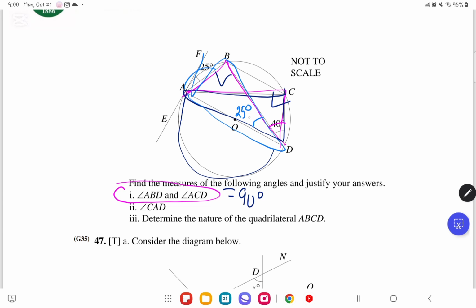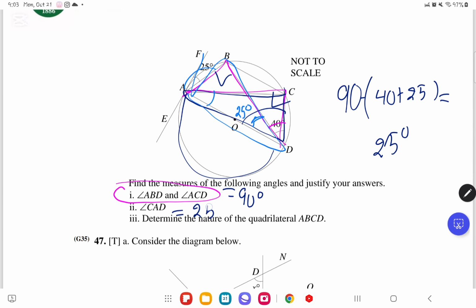Very simply, we can find the angle CAD. It's gonna be 90 minus this angle over here, which is 40 plus 25. So if we do this, it is gonna be 25 degrees. So CAD is 25 degrees.